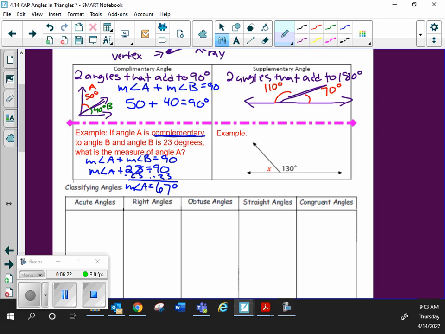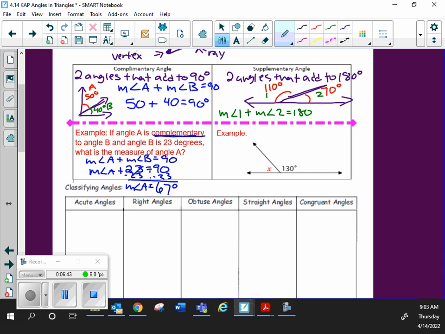So good with that? 110 plus 70 would equal 180. If I wrote my equation, let's call this angle 1 and angle 2. The measure of angle 1 plus the measure of angle 2 is equal to 180, and that is true here.